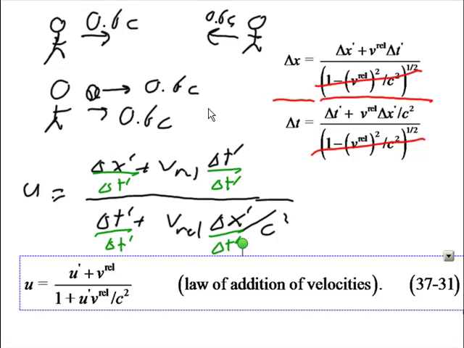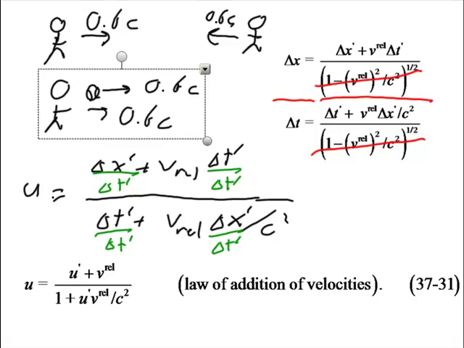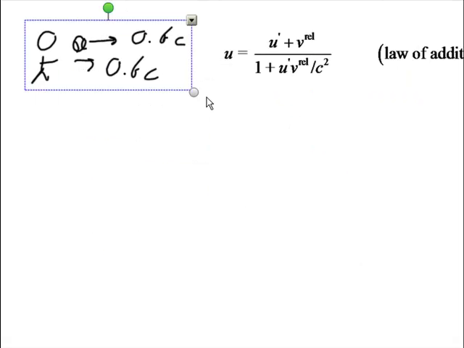So let's take the example right here. When he throws the baseball at 0.6 c relative to himself, moving across, well, that means u primed is 0.6 c and v relative is also 0.6 c.